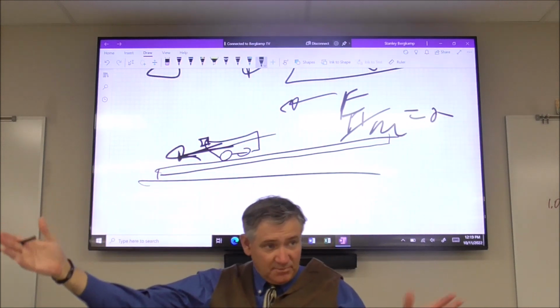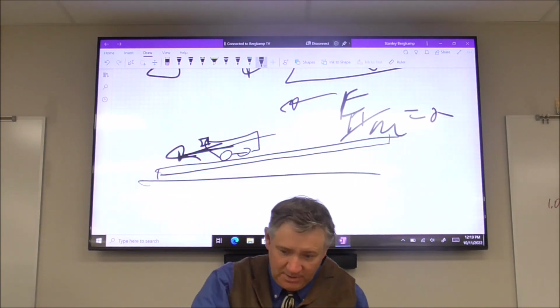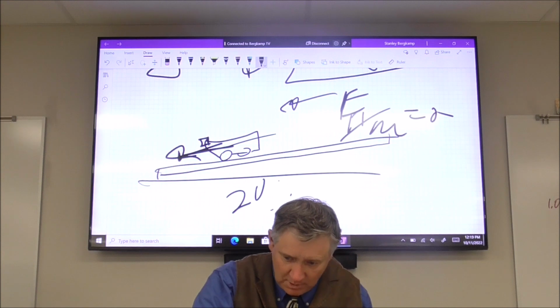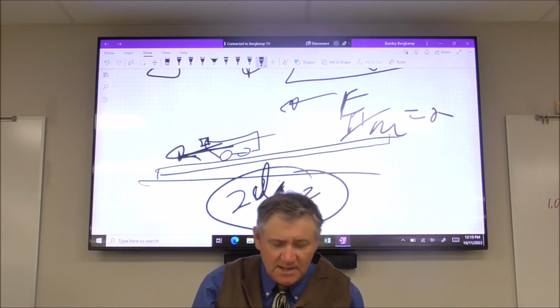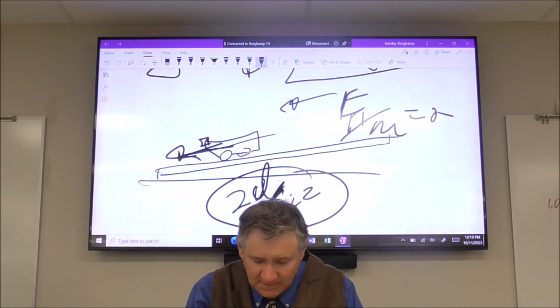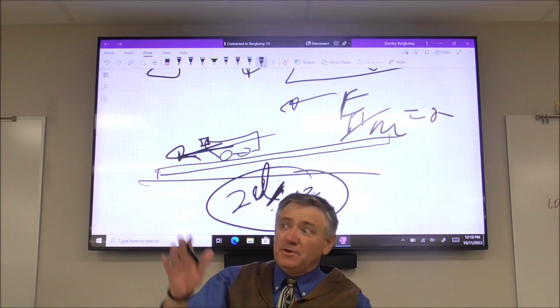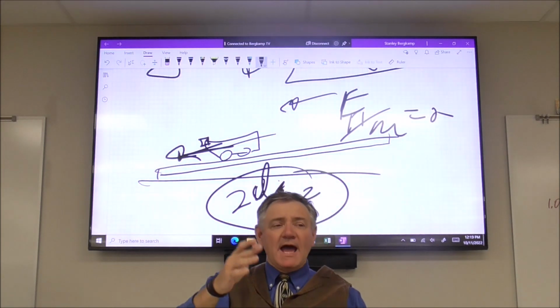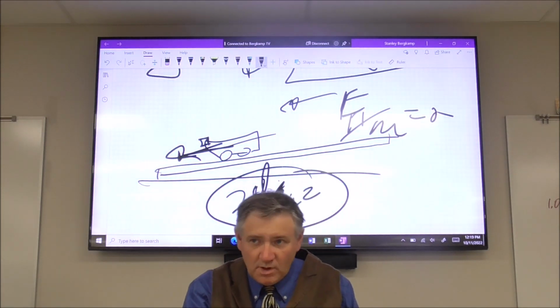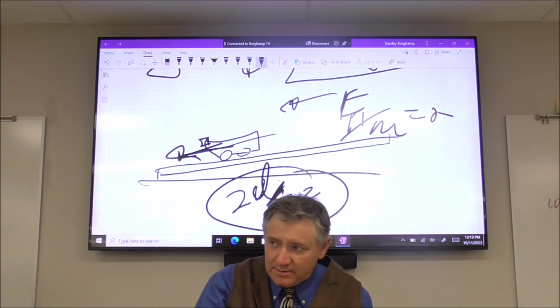Hopefully you got some numeric values, you got your acceleration. You use 2d over t squared to get an experimental acceleration. Now, here's the deal. Then you put the magnet in it. So what happened to the times once you put the magnet in the cart?